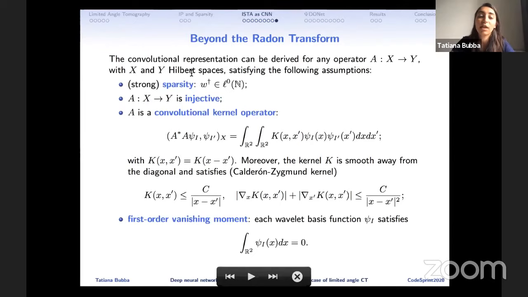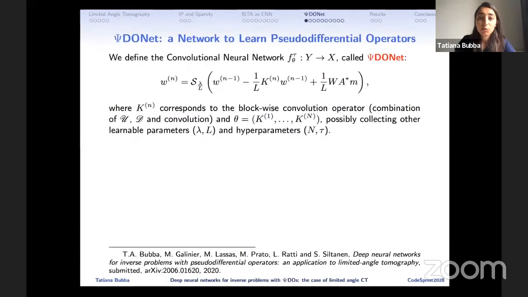Strong sparsity, the operator is injective, the operator is a convolutional kernel operator, where the kernel is a Calderon-Zygmund kernel, which basically implies that your operator is a pseudo-differential operator. And then you need the first order vanishing moment for your wavelet orthogonal basis.